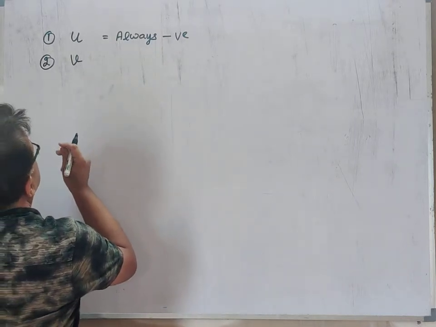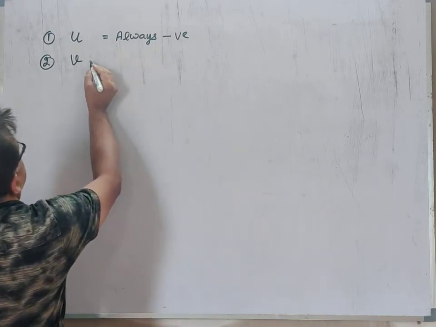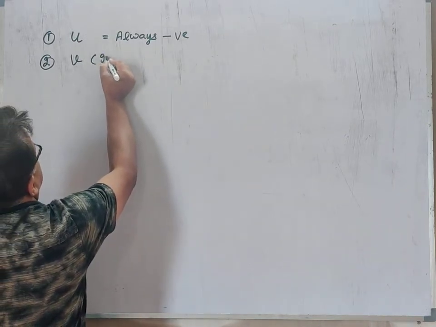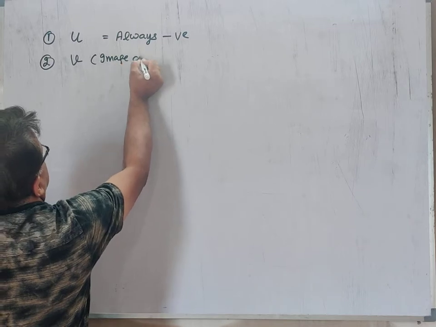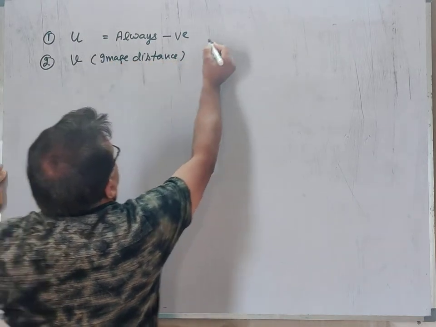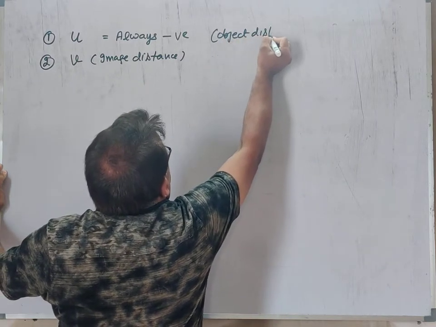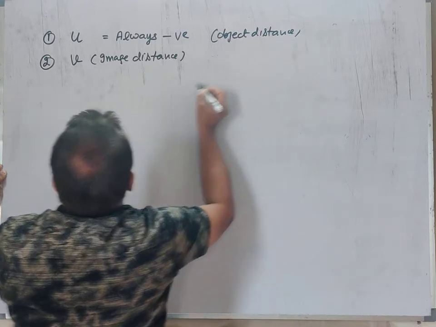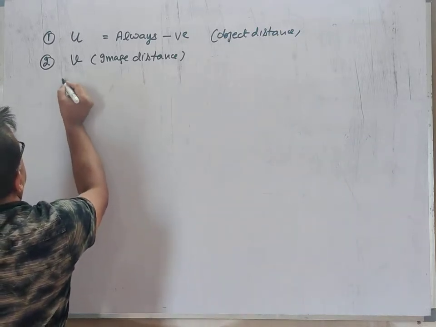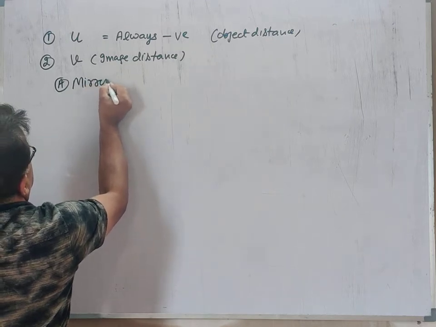I think you know the meaning, or shall I write it? It is image distance, and u is object distance. This is different for mirror and for lens.